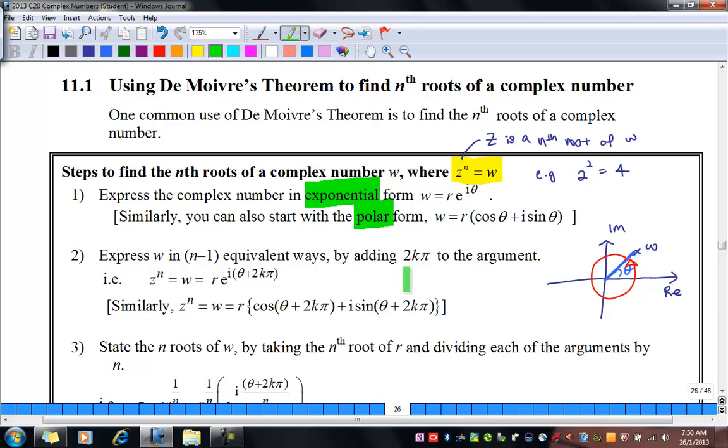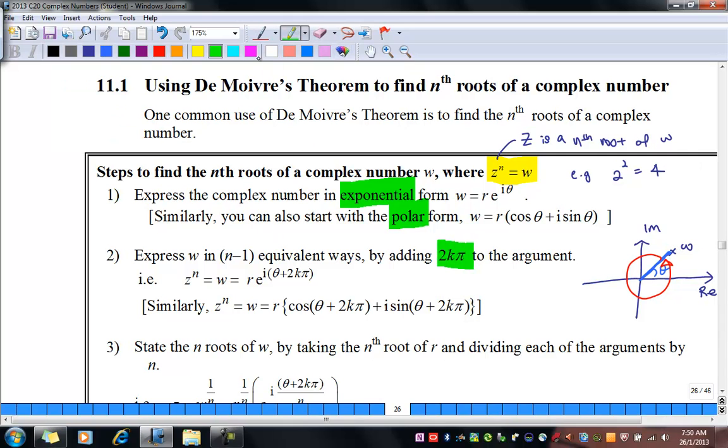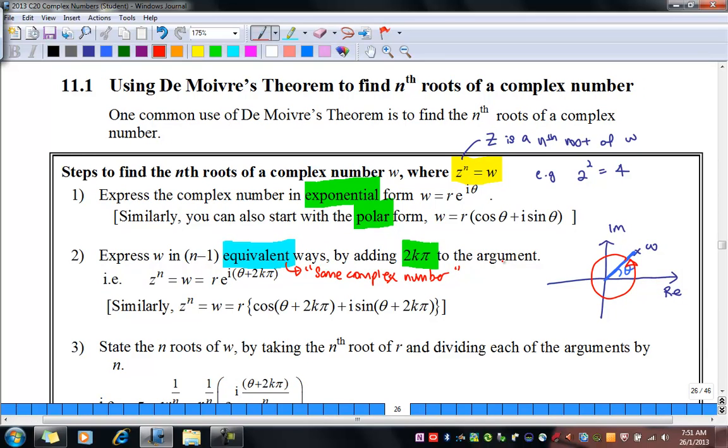Again, I will go one more complete round, and yet I end back at the same complex number. So by adding 2kπ, I am expressing W in n equivalent ways, because they are all the same complex number, and I am just generating different copies of W. Depending on the value of k, I could have one with the argument of θ, or one with the argument of θ + 2π, and so forth.